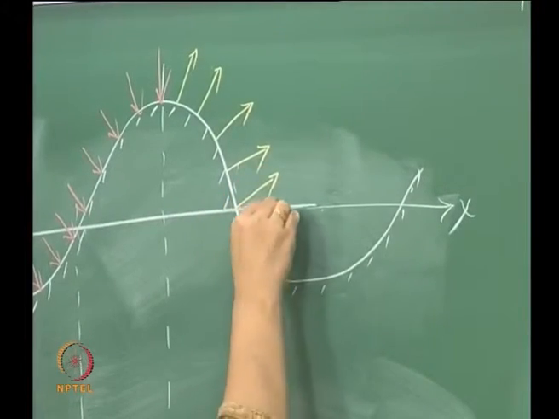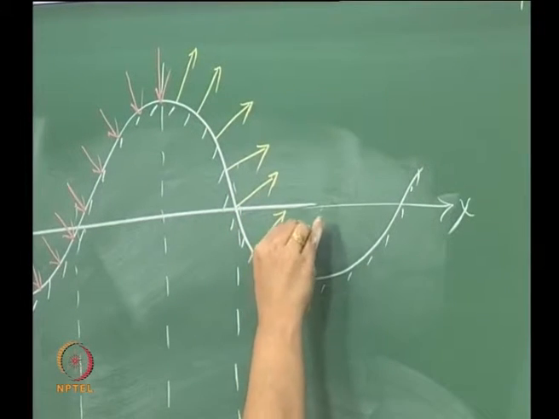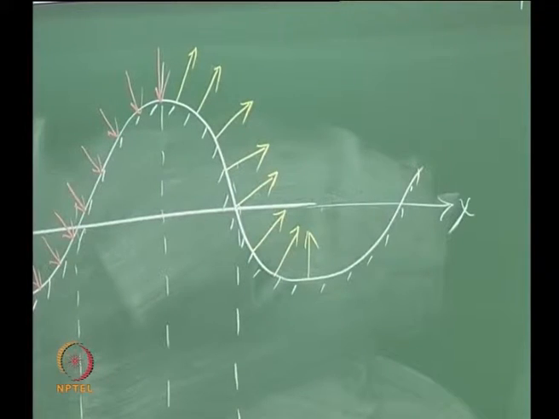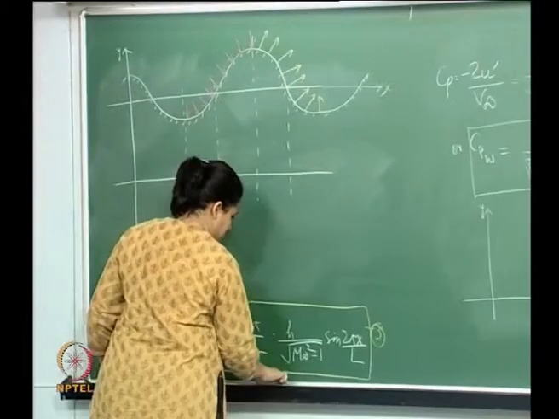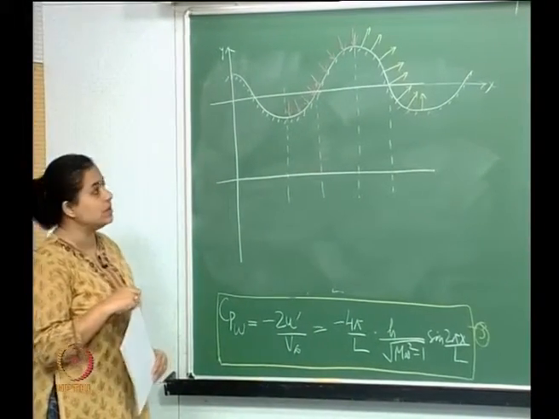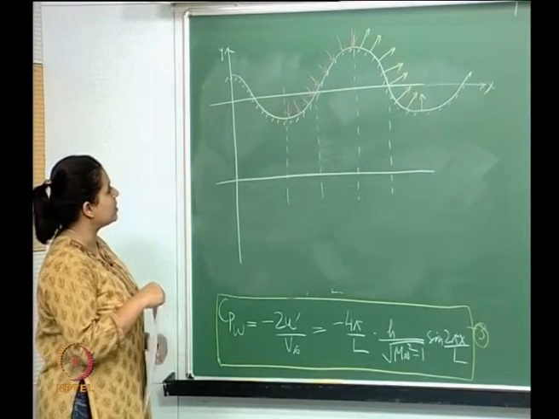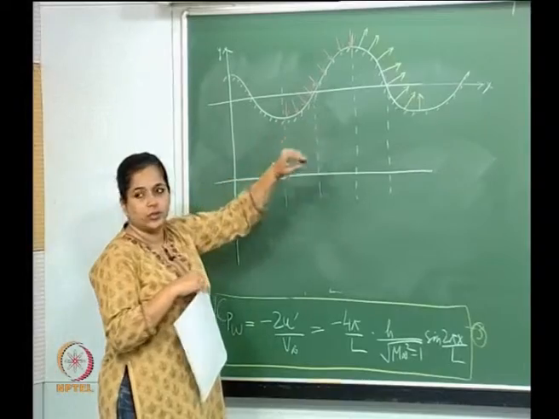I'm just using the conventional notation. So this is what this means. Now, I think by now you should be able to figure out what this means from these arrows. These are basically showing the direction of the pressures.